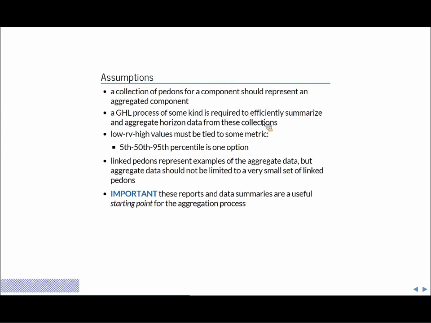There's going to be some kind of generalized horizon process required in order to make these summaries possible and to make the aggregation of the horizon data in these collections possible, and then to output that to reports. The next thing is the low, high, and RV values should be tied to some standardized metric, and we've looked at the 50th and the 95th percentile as being an option of that.